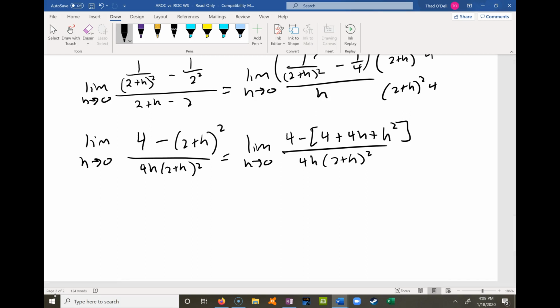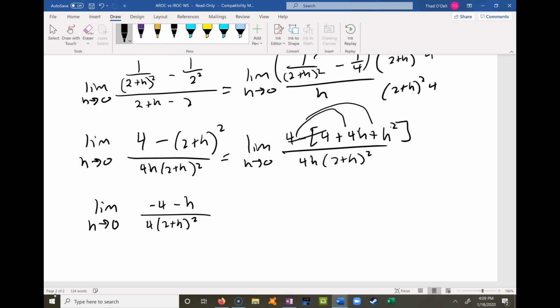So I can factor out an h, so I'm going to cancel the h and the 4 minus 4, and I'll end up with a negative 4 minus h over 4 times 2 plus h squared. So the h here canceled out with that h and one of those h's, and this minus made that negative and that negative.